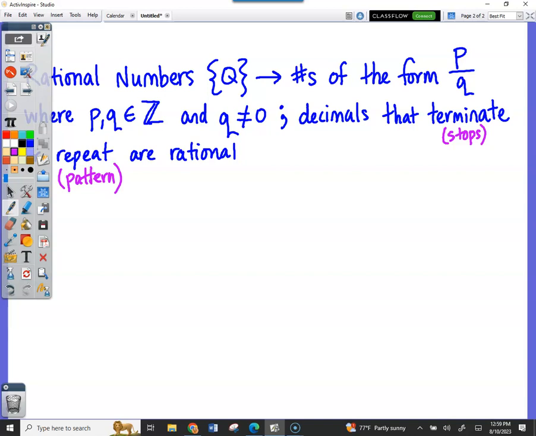Might not be a bad idea to refresh you on that Z, maybe a little note that the Z is the integers family. Don't call them whole numbers. They're integers. Whole numbers is a different group.